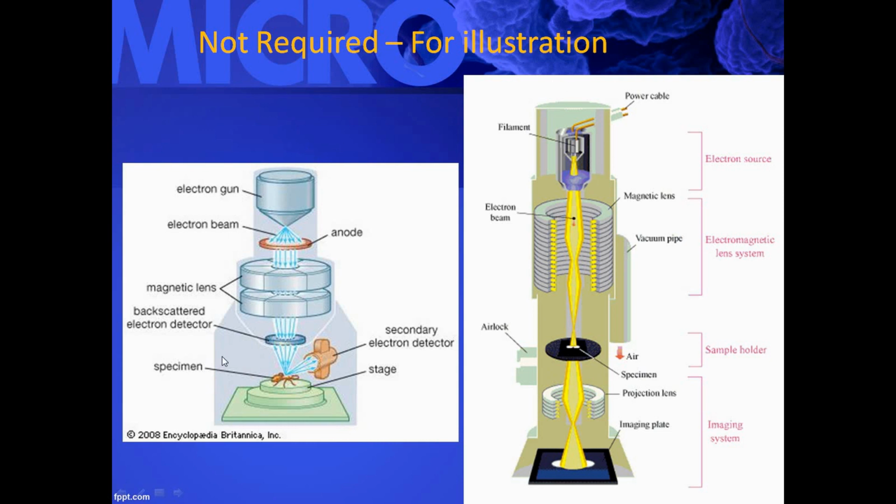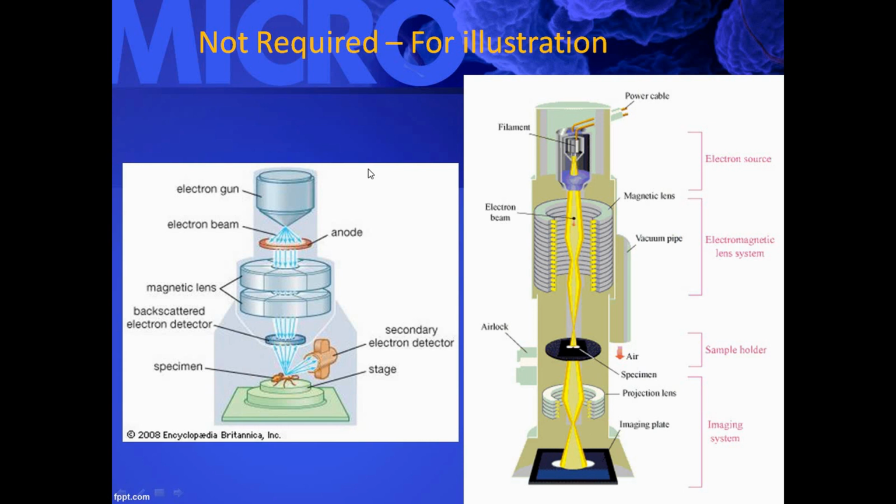Then at the bottom we have a chamber that is void of air. It contains only a vacuum, and it contains the specimen, like here and here, and then an imaging technique, a camera system inside it, here and here.